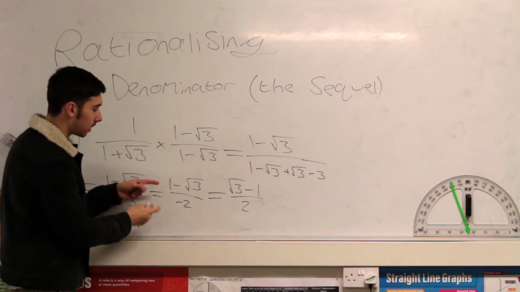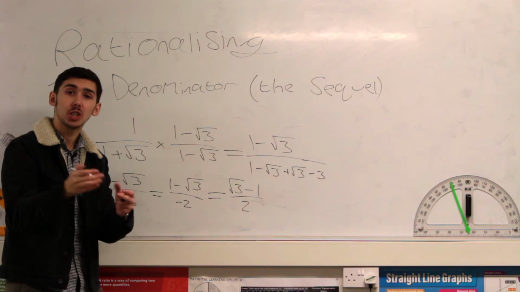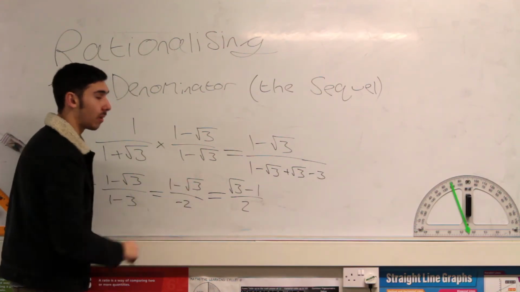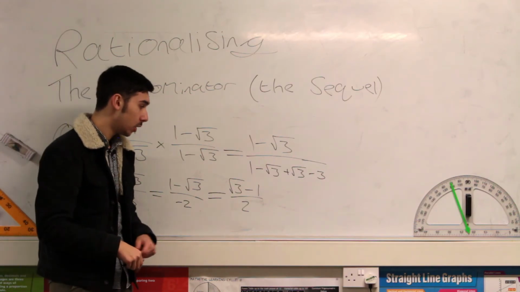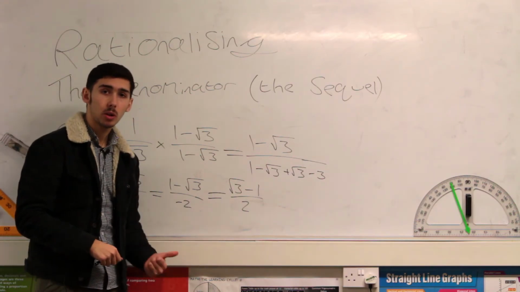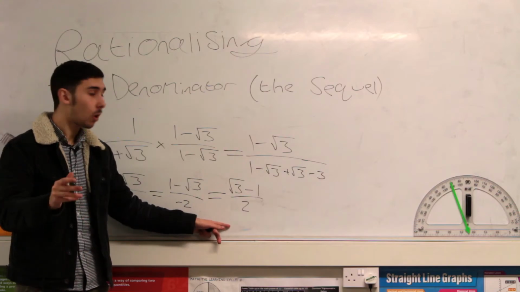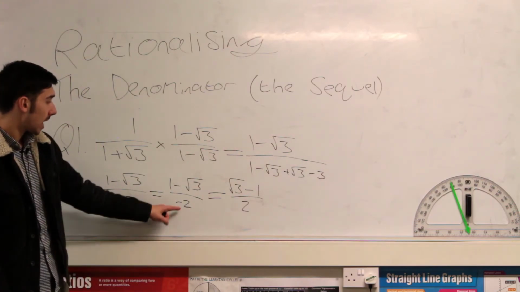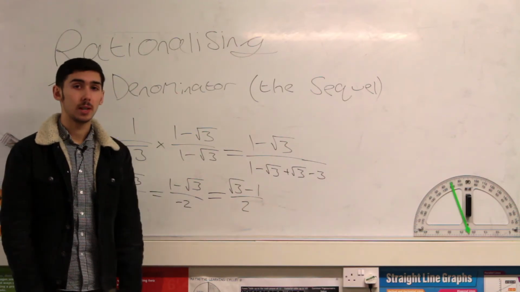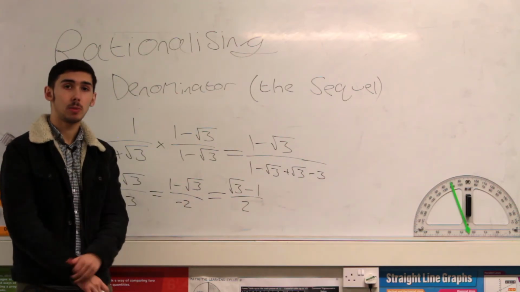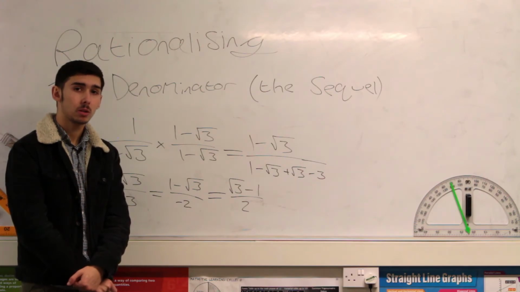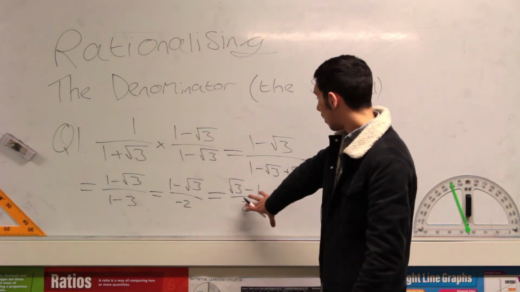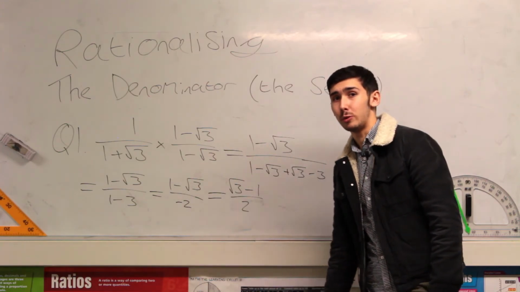We're effectively timesing the top and the bottom by minus 1, which is fine because minus 1 over minus 1 is 1. And we end up with these swapping round because it's being times by minus 1. Both of these are right. You could write either one of them. If you don't see how I got this, don't worry about it because this is also correct. And again, we've got a rational denominator. The top is irrational, but no one asked. So the solution to this question would be either this or that, depending on what you fancy.